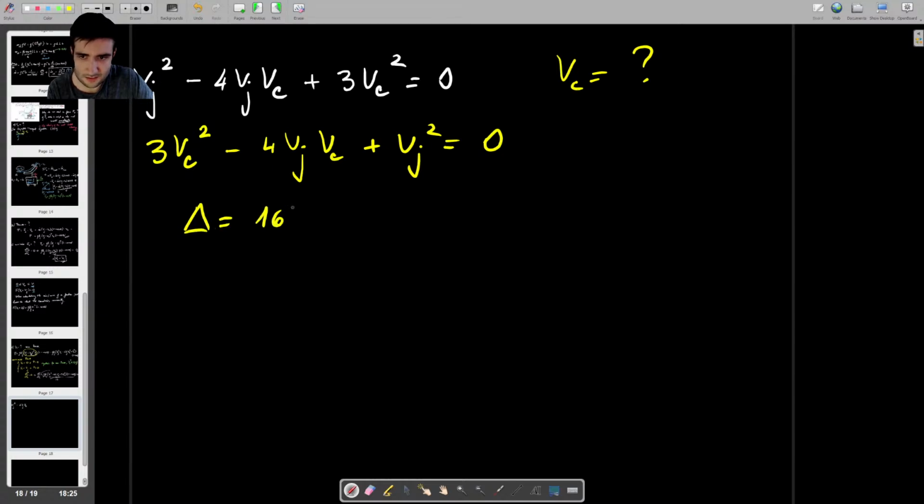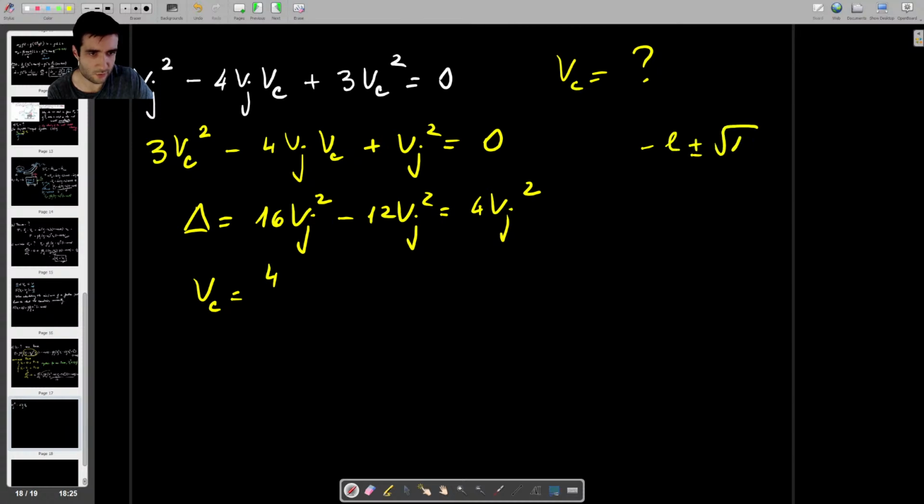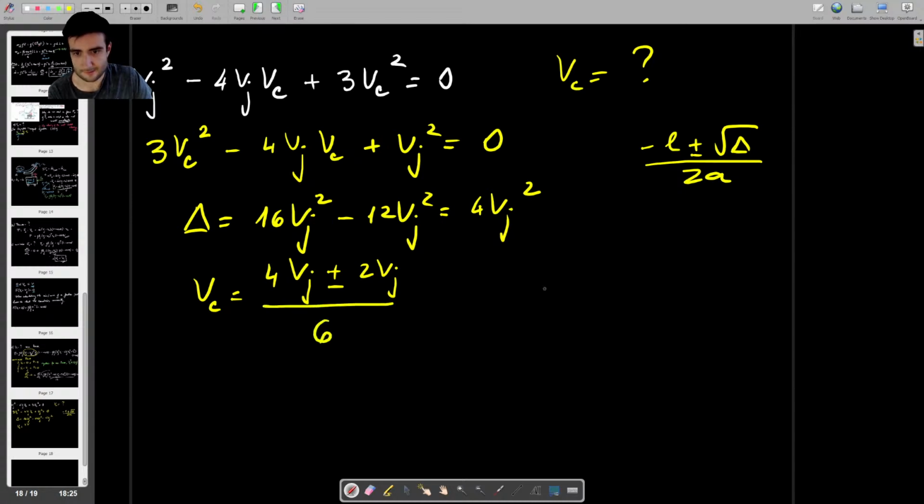And then my discriminant is going to be 16 Vj squared minus 12 Vj squared, which is going to give me 4 Vj squared, and then the Vc is going to be minus b plus or minus square root of delta over 2a. So this is going to be 4 Vj plus or minus 2 Vj divided by 6.